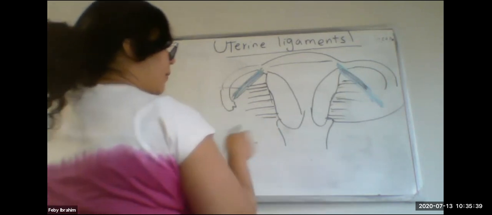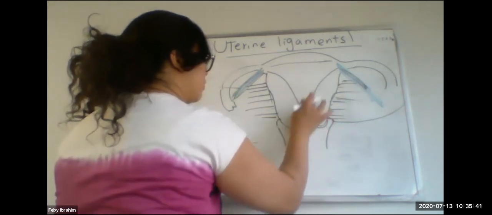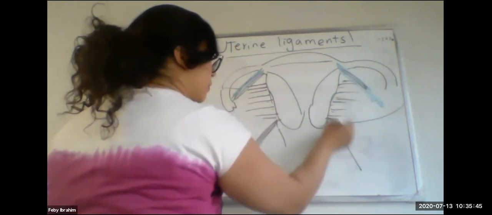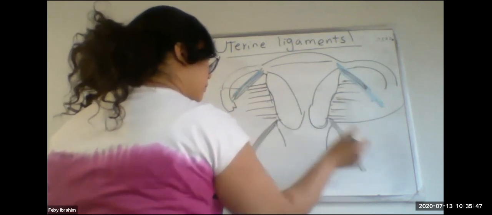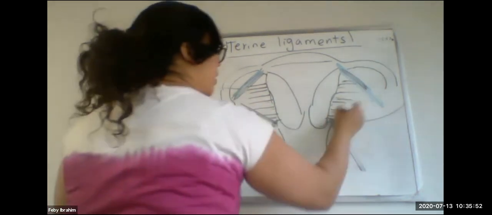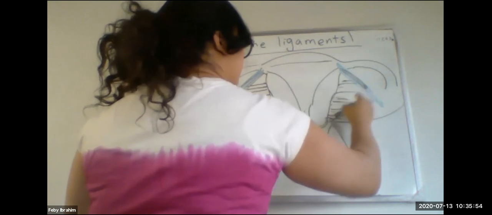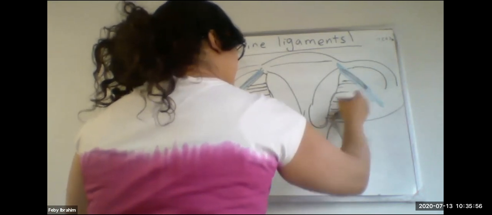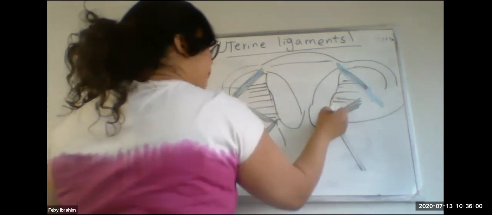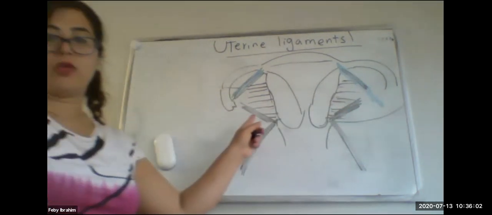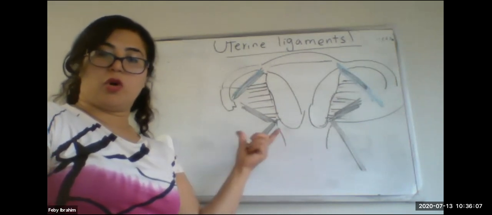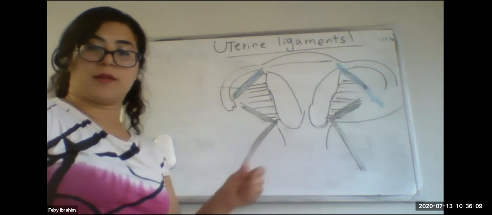We have one here, and we have another one this way. Two ligaments, look here, at the level of the cervix. They hold the cervix in place.